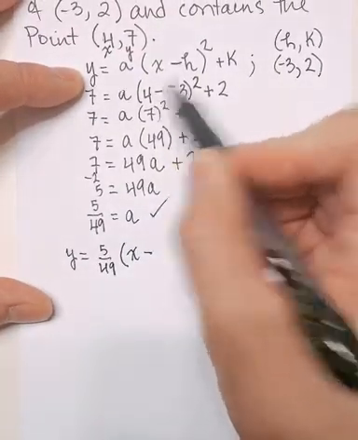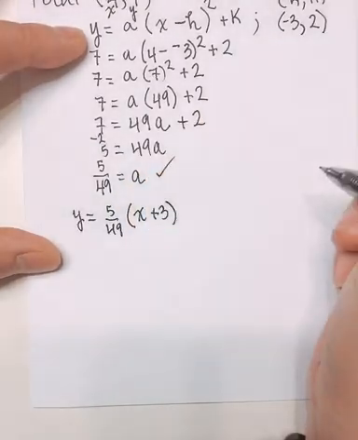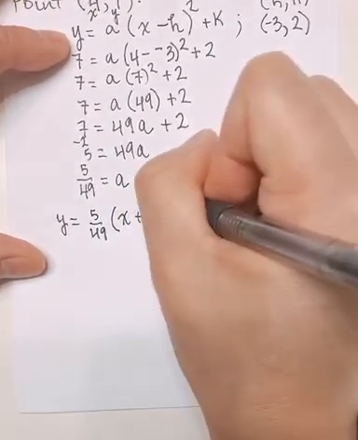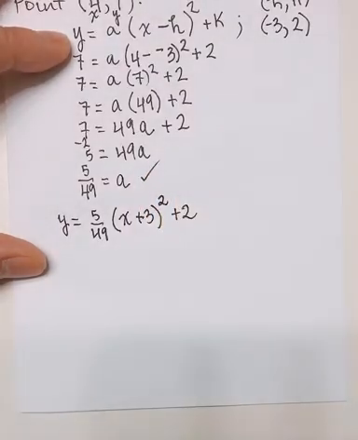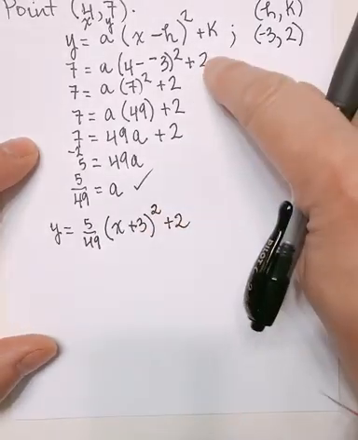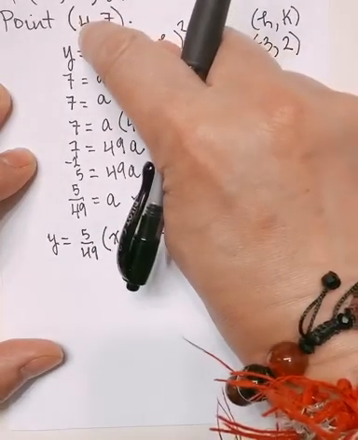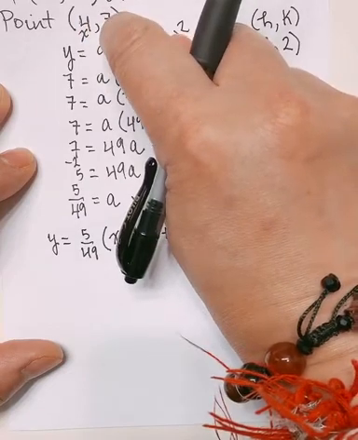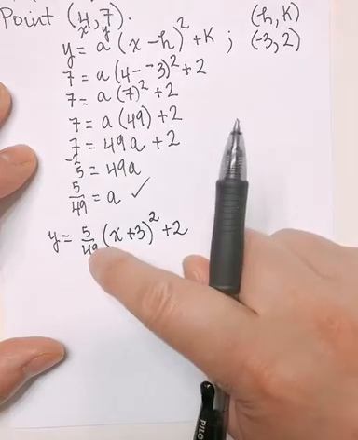I'm going to go ahead and change that to a plus 3 just to save me an extra step that I have to do later. Square, and then plus 2. Okay, so pretty much everything stays the same as up here, right? The only difference is now I don't need the x and the y anymore, right? Now I can actually use them as variable, okay? Because I already found my a.